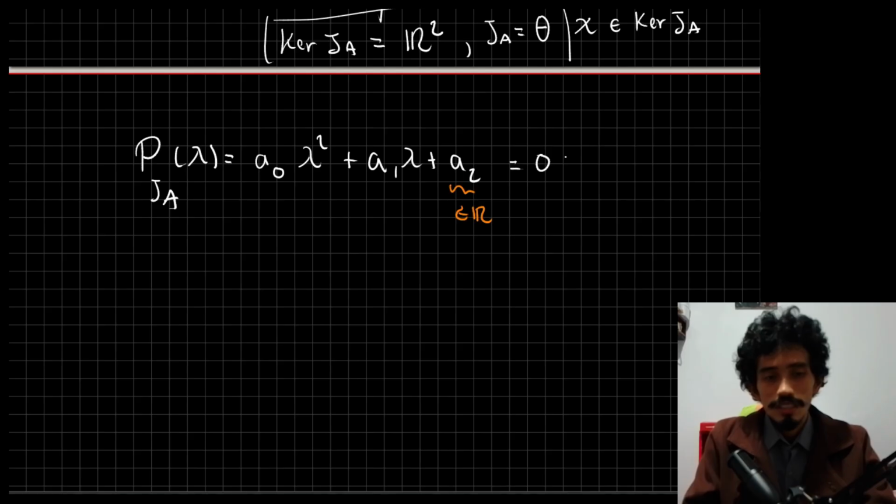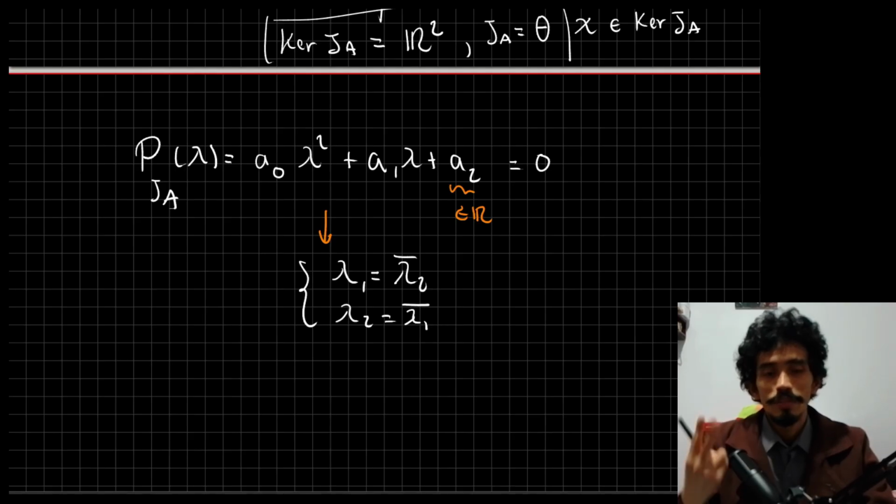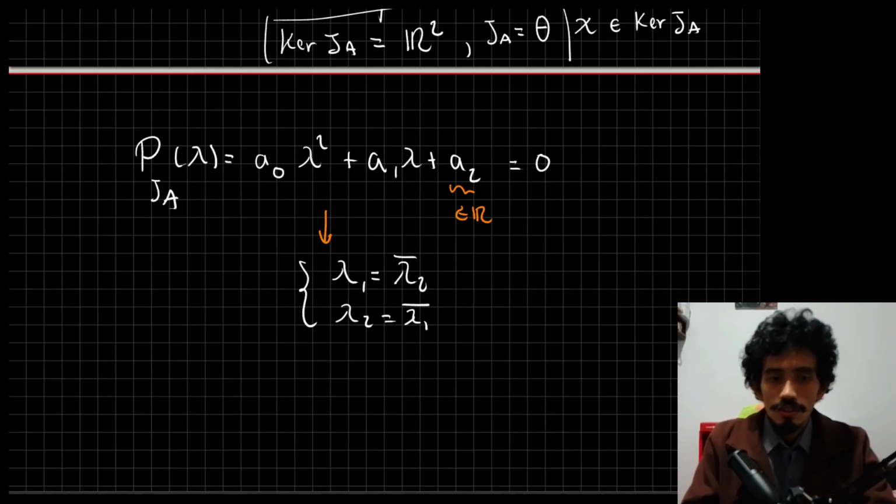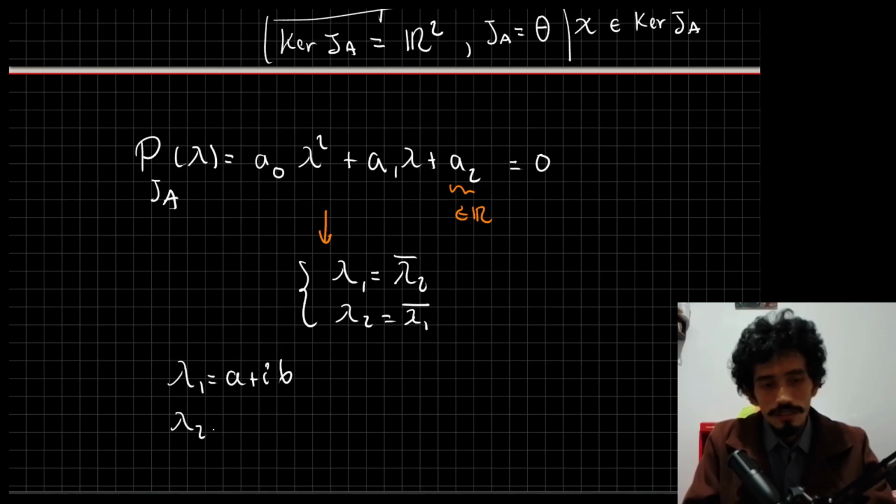And then when you find the roots of this polynomial, if they are complex, then they will always be conjugate roots, meaning that the first root will be equal to the conjugate of the second root. So they come in pairs, right? So let's say that the first root is this thing, and the second root is this thing.